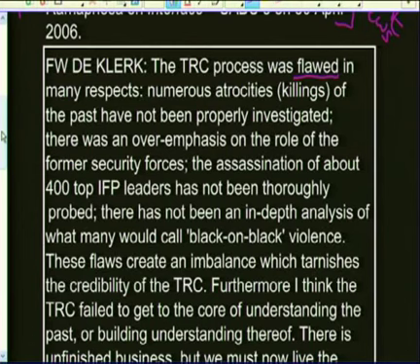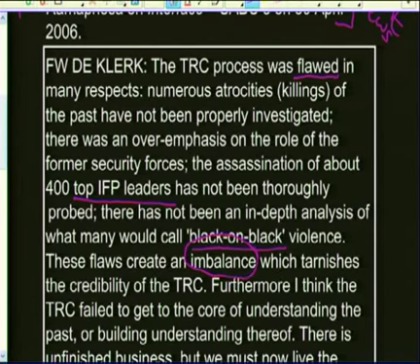So he gives examples of the top IFP leaders who were not investigated. I mean, whose atrocities were not investigated. The black-on-black violence was also not investigated. And then he goes on to say that these flaws create an imbalance.